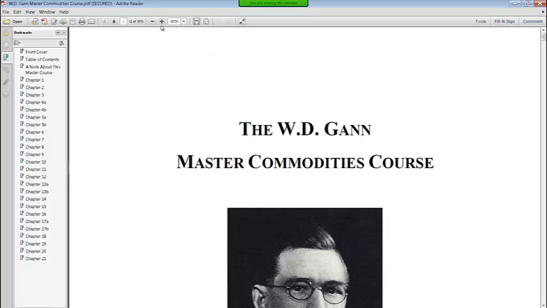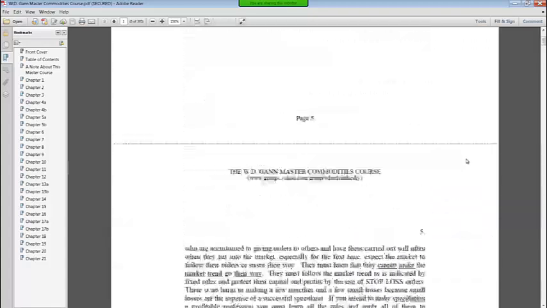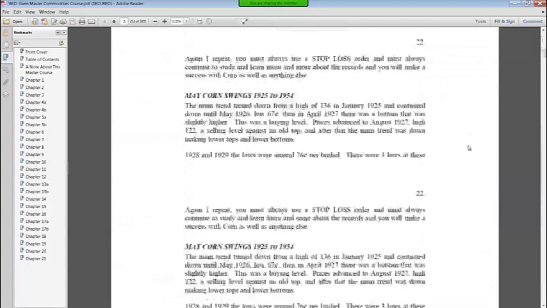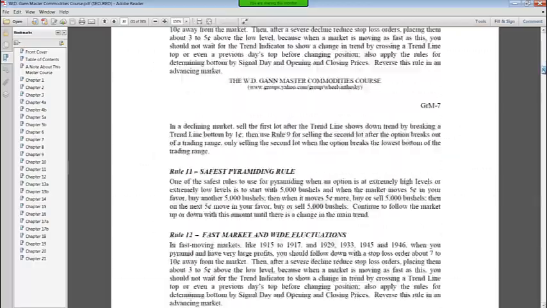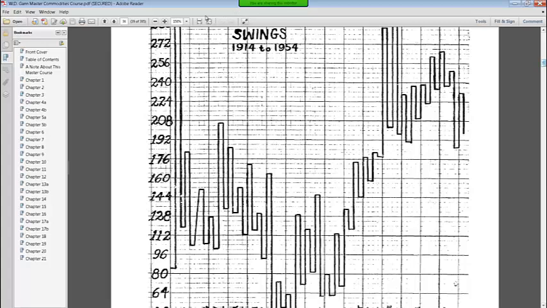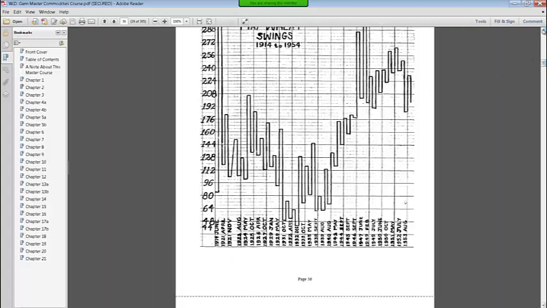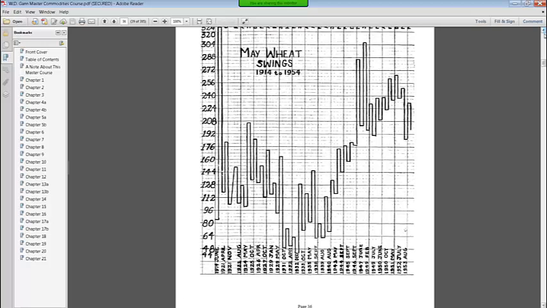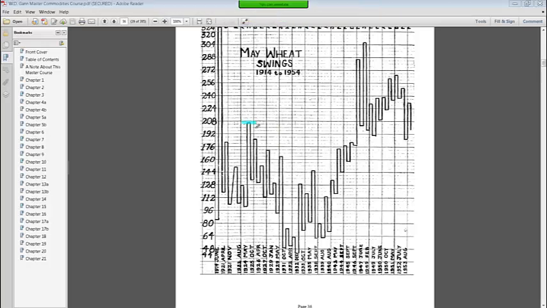I'm going to scroll down so you can see his charts. Look, first of all, here's another thing. Look at his charts. This is without angles. He doesn't have candlesticks. He doesn't even have the open or close. He just has the swings. That's all he has.